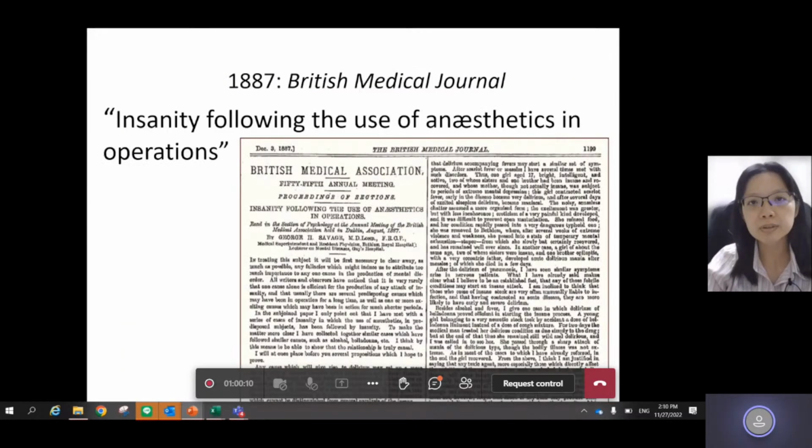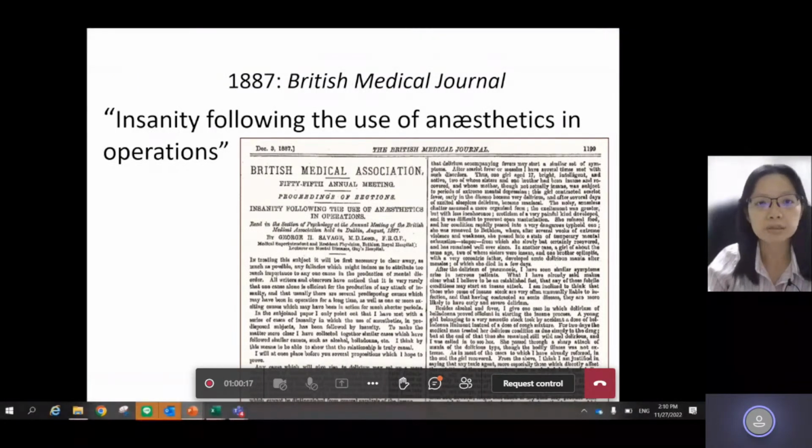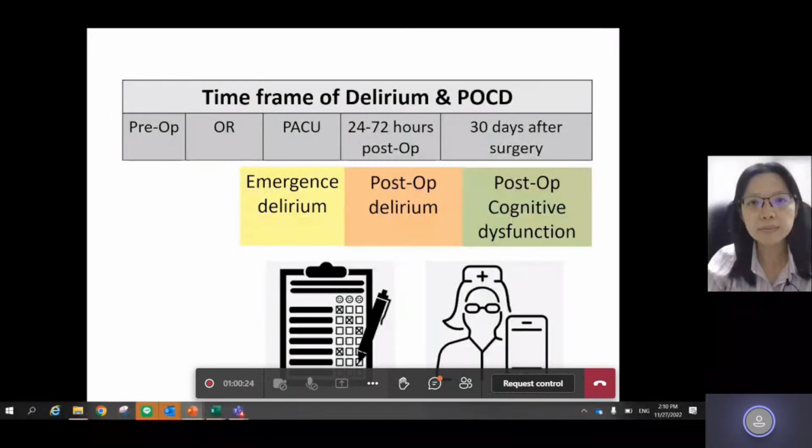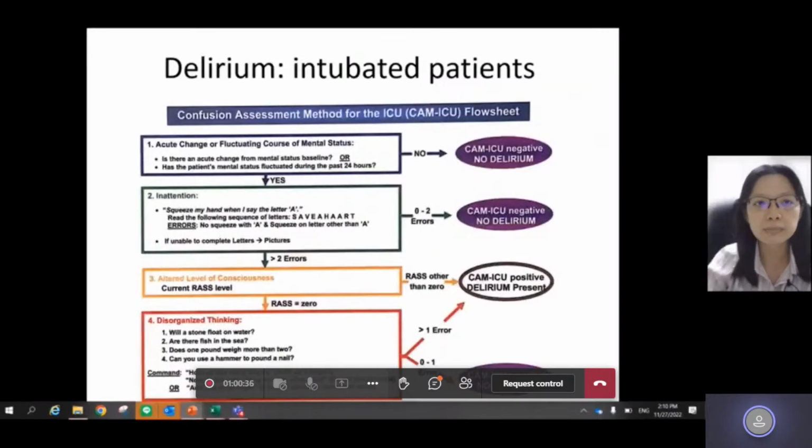In 1887, the British Medical Journal had a description of insanity following the use of anesthetics in operations, which might imply neurocognitive dysfunction. There's a timeline which differentiates delirium and POCD. Delirium has been incorporated into the psychological diagnostic criteria DSM-5, so it's easy for us to make a delirium diagnosis by a well-structured flow chart.